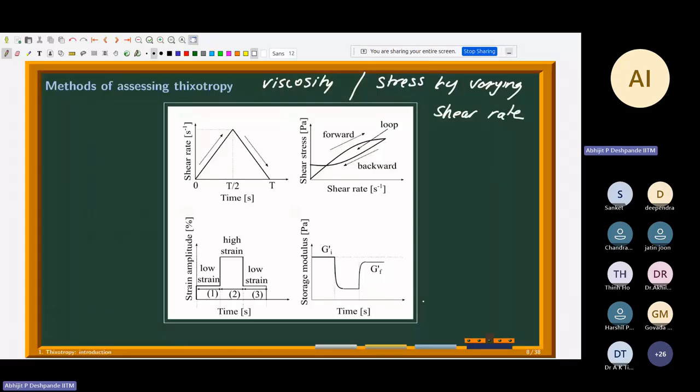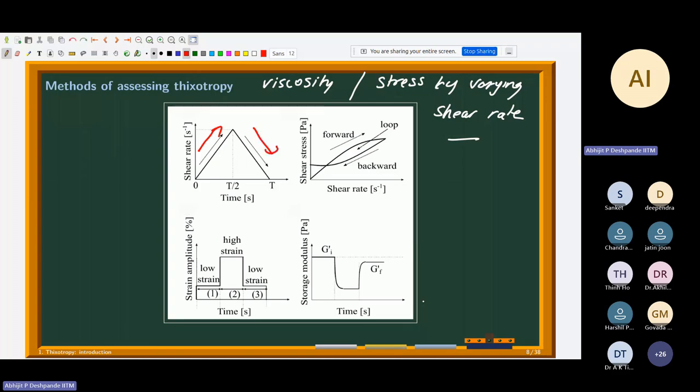We do this by a loop where we first go from 0 to some high shear rate, and then we decrease the shear rate to again 0.